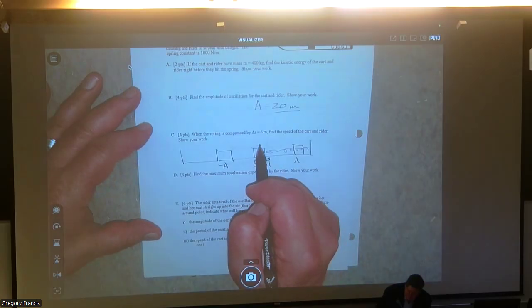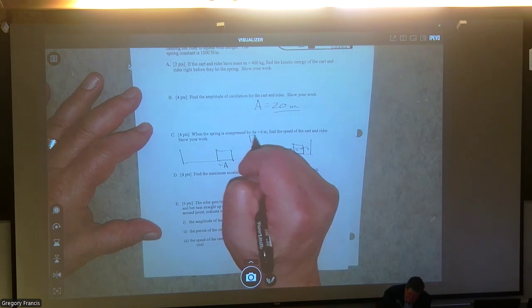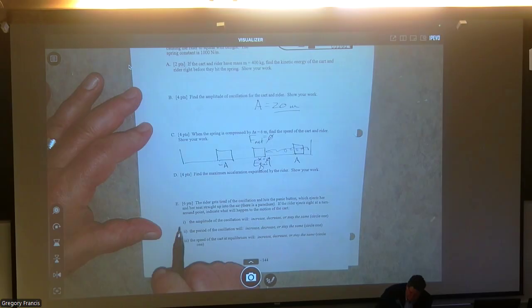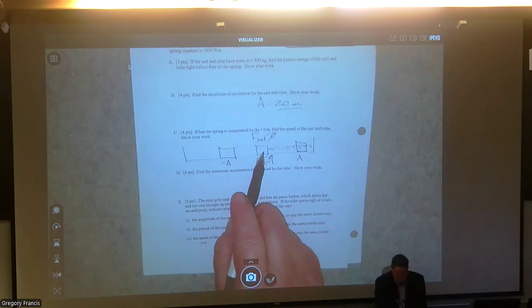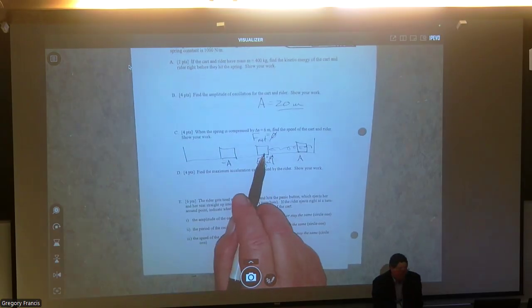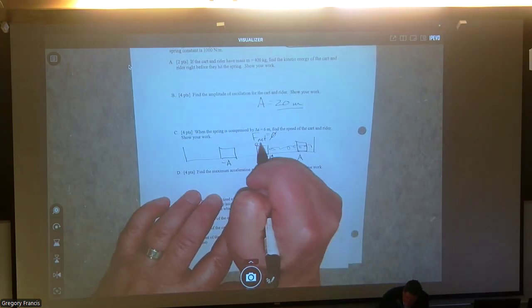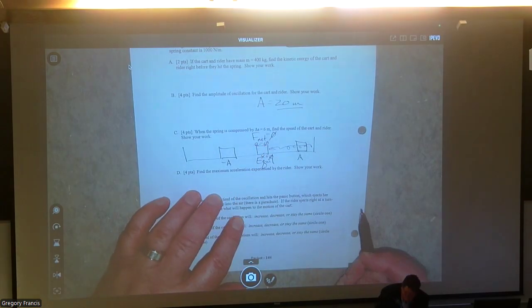Because the spring is neither stretched nor compressed here, my net force at equilibrium is 0. If I just attach the block to the spring and put it down there, it would stay forever. And so that's where my acceleration is 0.